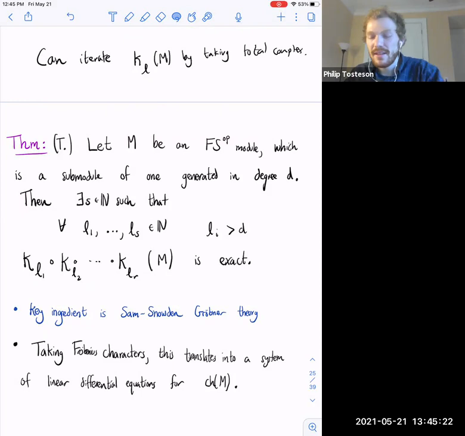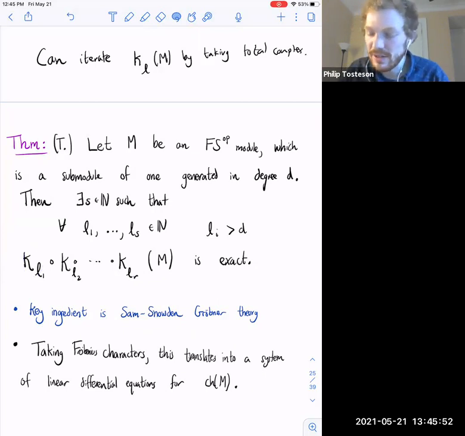And basically, I'm not saying much about how to actually prove this, but the key ingredient is to use the Sam–Snowden Gröbner theorem. Taking Frobenius characters, it turns out that this equation will translate into a system of linear differential equations for the character of M. Each of these complexes you can interpret as a differential operator or a sum of differential operators.